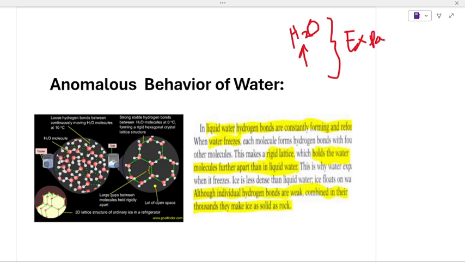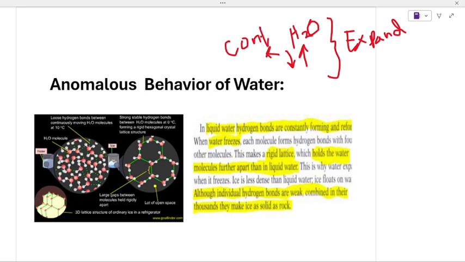This is the normal condition. And in the reverse condition, when we decrease the temperature of water molecules, they start the process of contraction. This is the normal property of water.